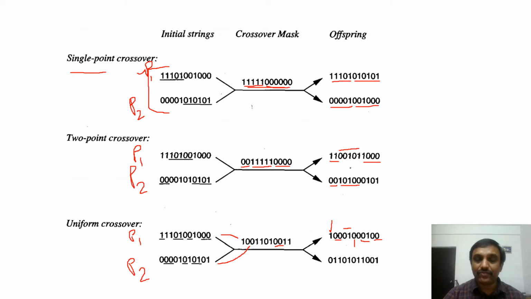Like that, one positions bits we are taking from P1. 0 0 positions in the mask we are taking from P2. Those things we are keeping in offspring 1. Next, vice versa. In the offspring 2 case, 1 positions you are taking from parent 2, 0 positions you are taking from parent 1.